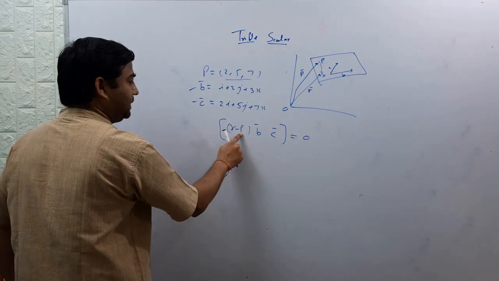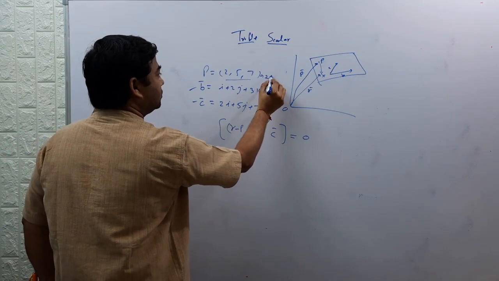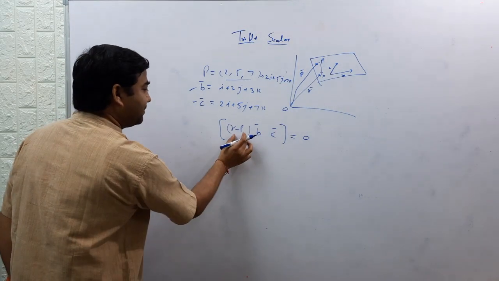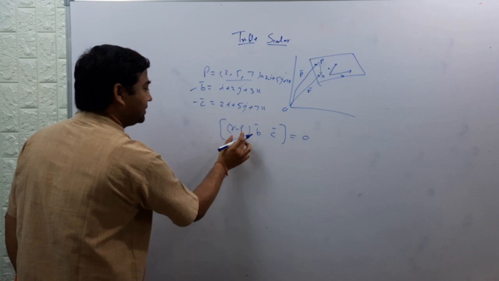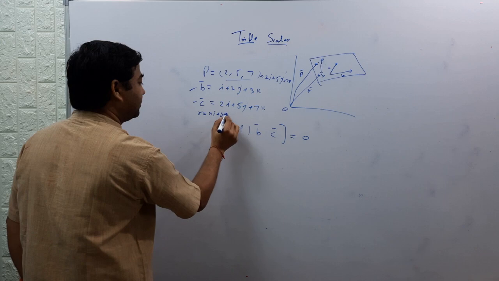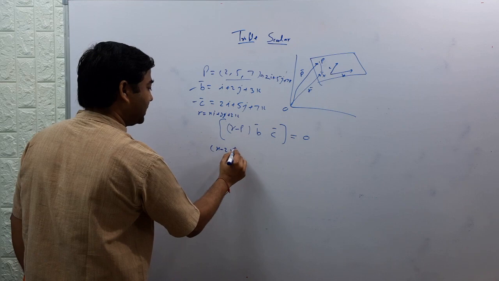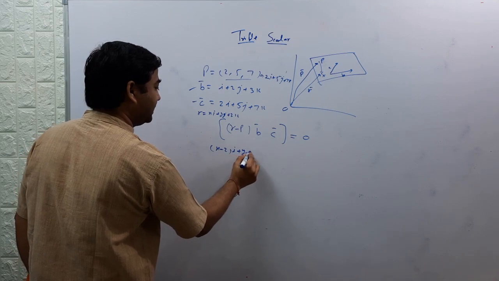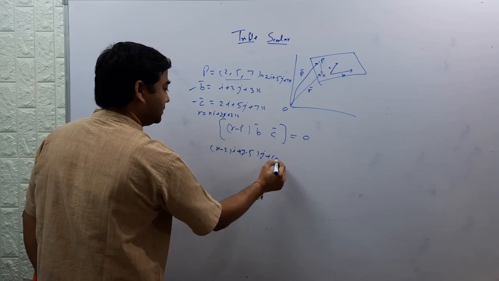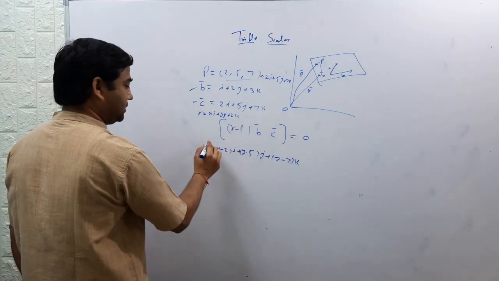Here vector P is the position vector of this point, 2i plus 5j plus 7k. R is xi plus yj plus zk. So R minus P will be (x minus 2)i plus (y minus 5)j plus (z minus 7)k.